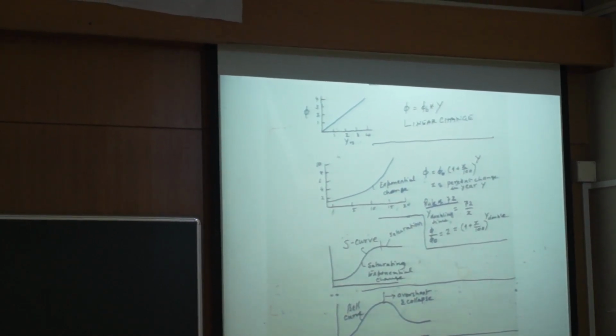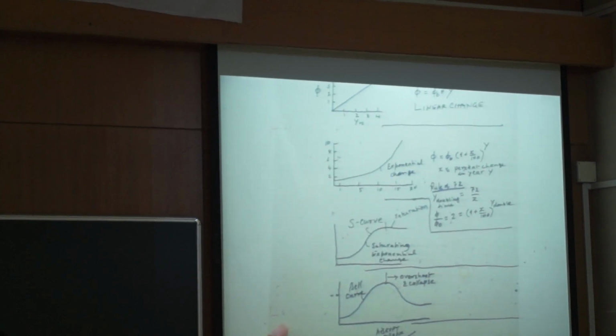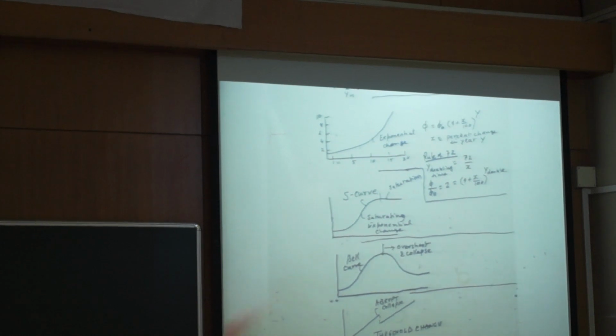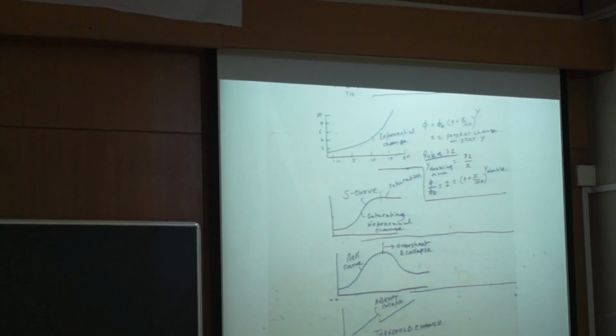It can reach a peak, overshoot and come down. And the final one is called the threshold change. Some variable changes, it suddenly collapses and again picks up.